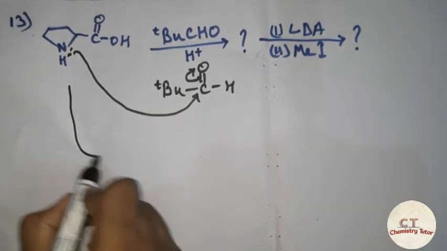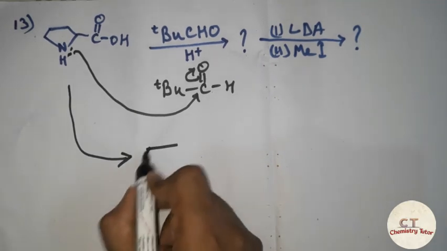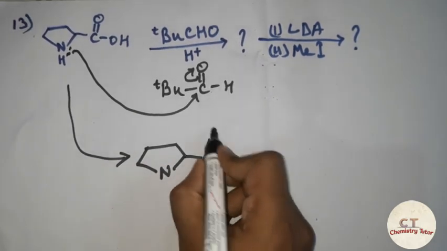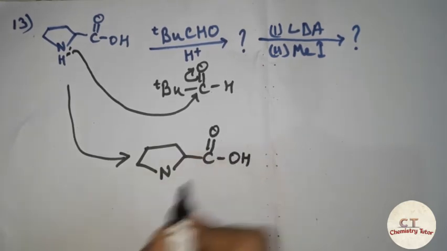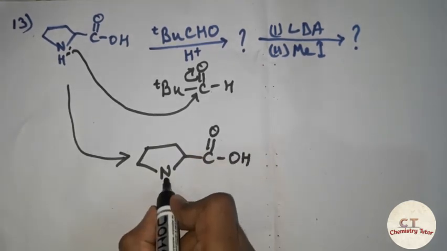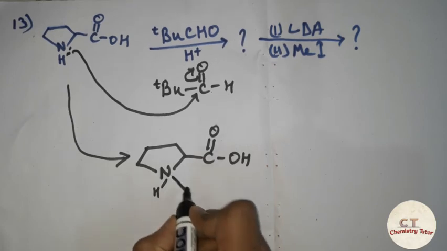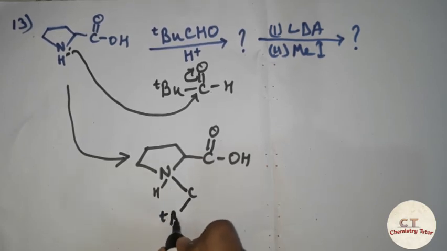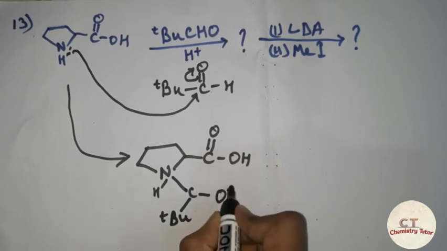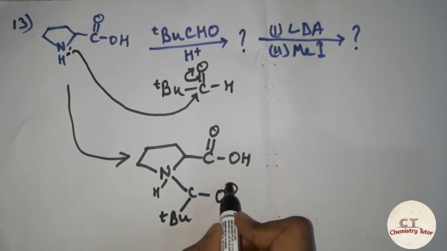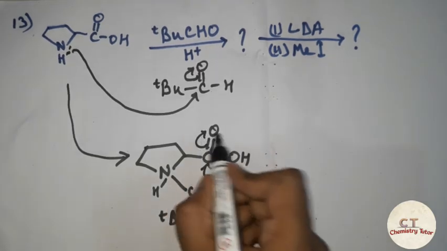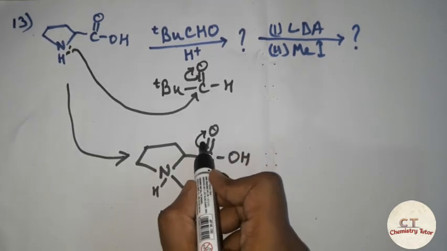And then the product formed gives us a carboxylic acid, and here one hydrogen is there and another tert-butyl, and O minus. Then this O minus is going to act as a nucleophile, and it is going to attack here. The negative charge will go there, and it can come back.